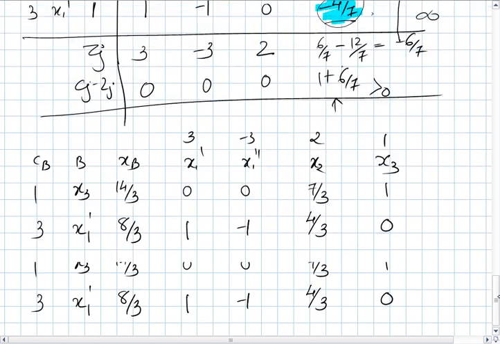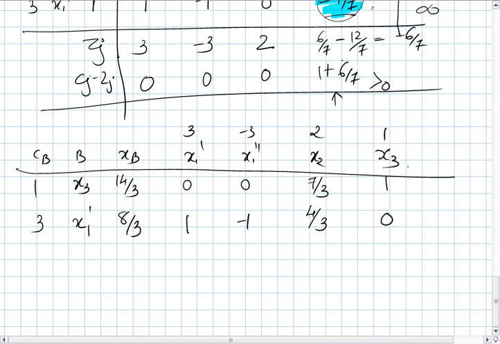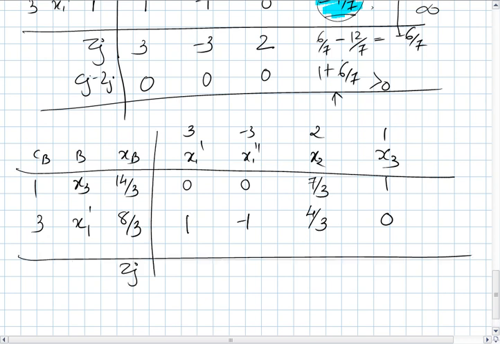Now again we are in the table. Again we have to evaluate the value of Zj. So Zj is 1 times 0 is 0, 3 times 1 is 3, 1 times 0 is 0, 3 times minus 1 is minus 3, 1 times 7 by 3, so 7 by 3, 3 times 4 by 3 is 4, and 1 times 1 is 1, 3 times 0 is 0.